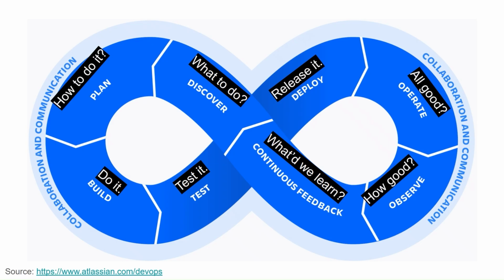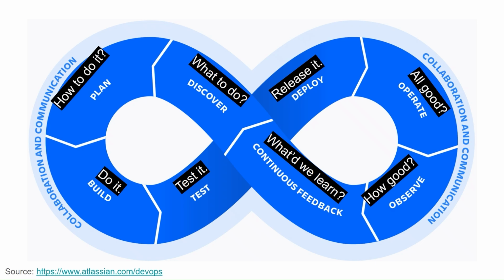So then operate. Are we all good? Is everything rolling out okay? And then observe is like monitoring. So operate is like, is it working? Are there any critical errors? At least this is my understanding of it. And how has the release gone?